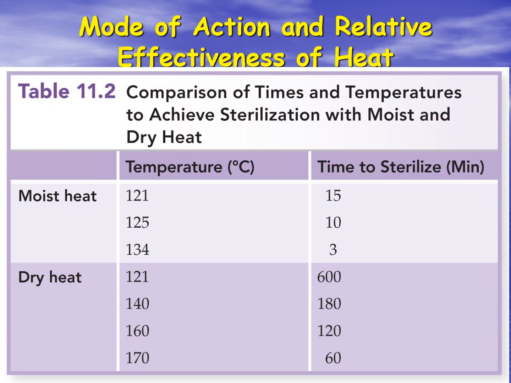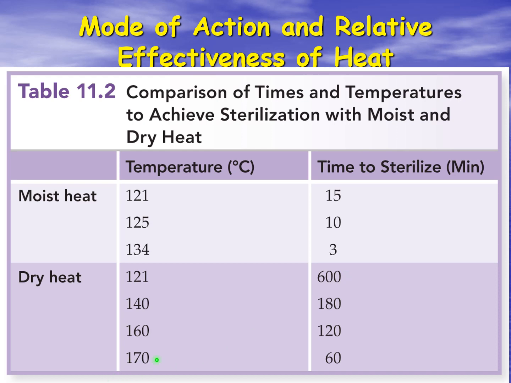So let's compare moist heat and dry heat. At 121 degrees Celsius, it takes 15 minutes to sterilize whatever we put in the autoclave. But at 121 degrees Celsius in dry heat, it would take 600 minutes or 10 hours to receive the same amount of sterilization.